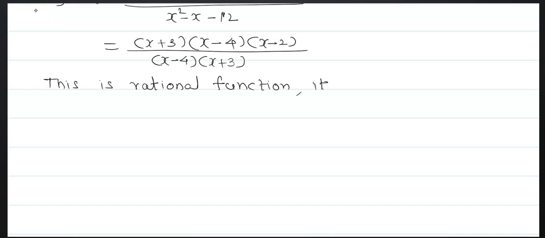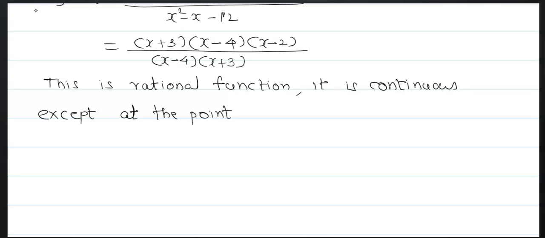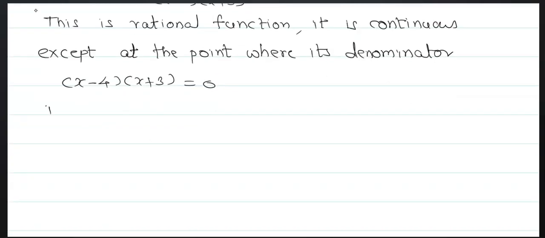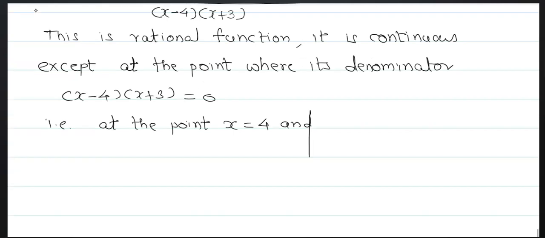This is a rational function. It is continuous except where its denominator is 0. Now the denominator will be 0 at x is equal to 4 and x is equal to minus 3.